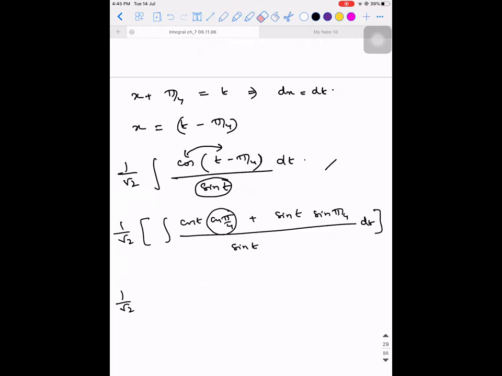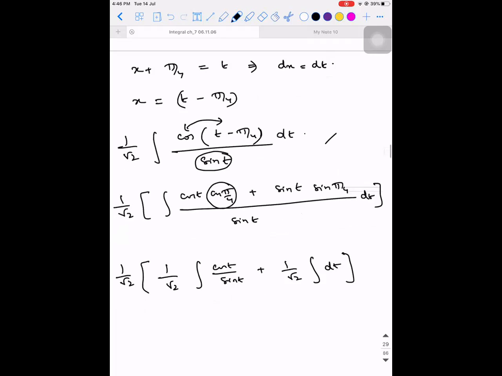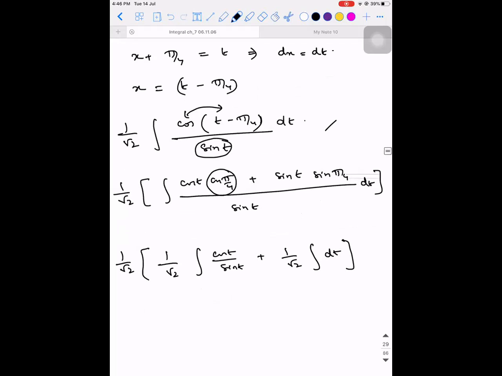So 1 by root 2 into bracket 1 by root 2 into integral of cos t divided by sin t plus 1 by root 2 into integral of sin t divided by sin t. So 1 by root 2 will come out, half into integral of cot t dt, which is log of sin t, plus t plus c. This is the answer.